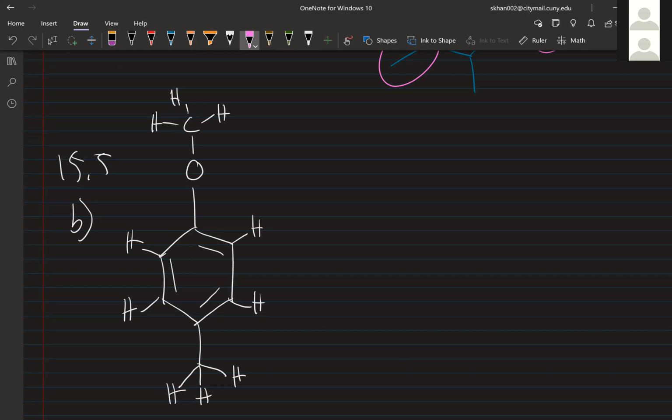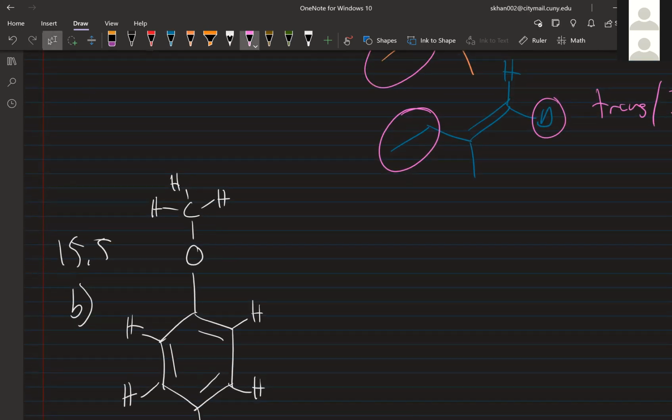So another quick thing to always remember is CH3 groups. There might be multiple CH3 groups on a molecule, and if the entire molecule has symmetry, then certain CH3 groups might be equivalent to each other.